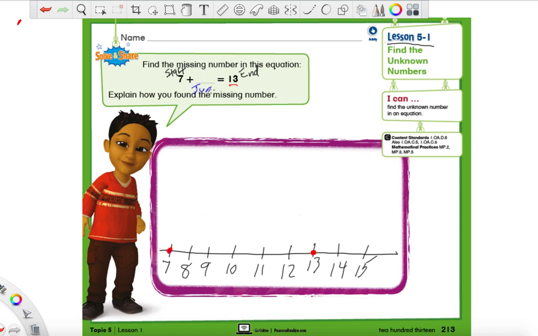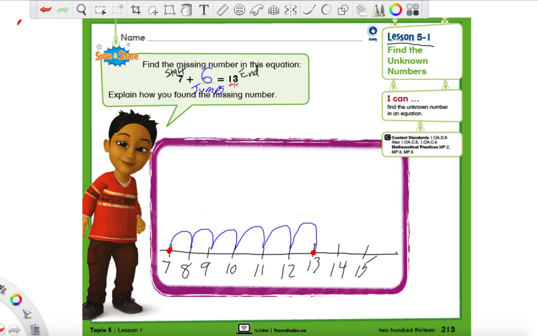How many jumps it takes to get from 7 to 13. Let's go ahead and do that. 1, 2, 3, 4, 5, and 6. So it took me 6 jumps. That means our missing number is 6. So 7 plus 6 equals 13.